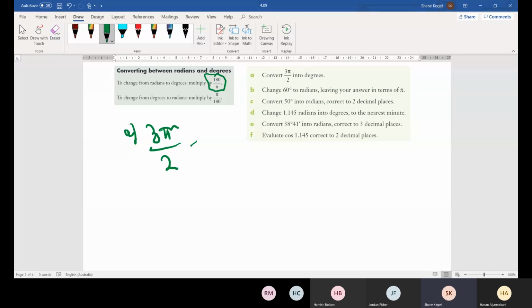So I'm multiplying this fraction by 180 on pi. I cross multiply with my fraction, so 180 times 3 gives me 540. So I've got 540 pi on top, over 2 times pi on the bottom.